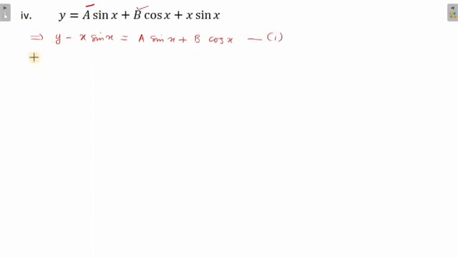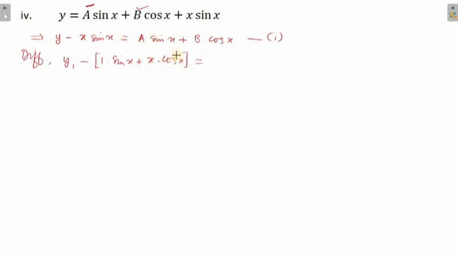Now differentiate with respect to x. So y becomes y1 minus, this is u into v, so first differentiate x, it becomes 1 into sin x plus, now keep x as it is and differentiate sin x, it becomes cos x.